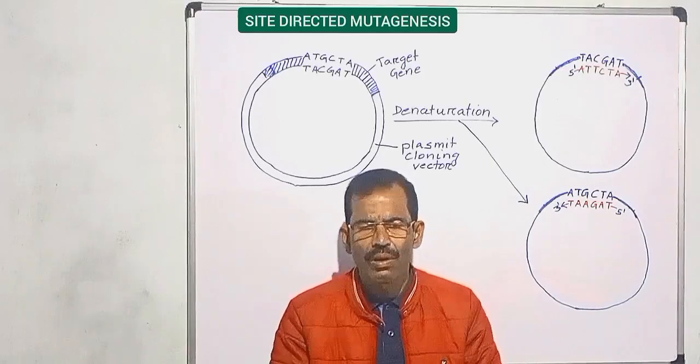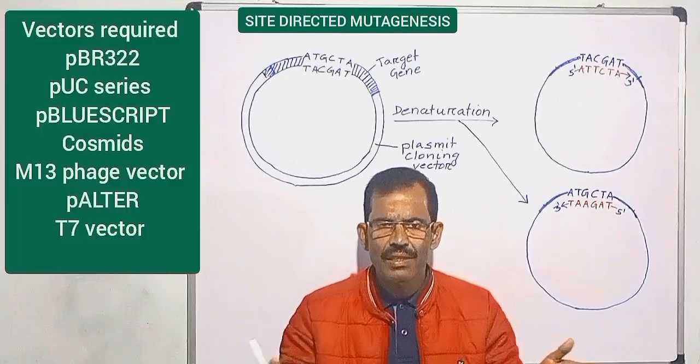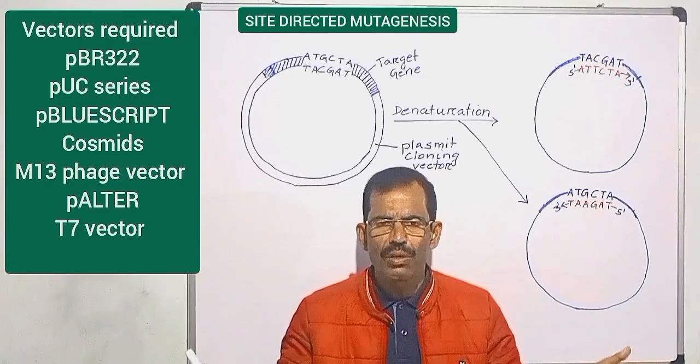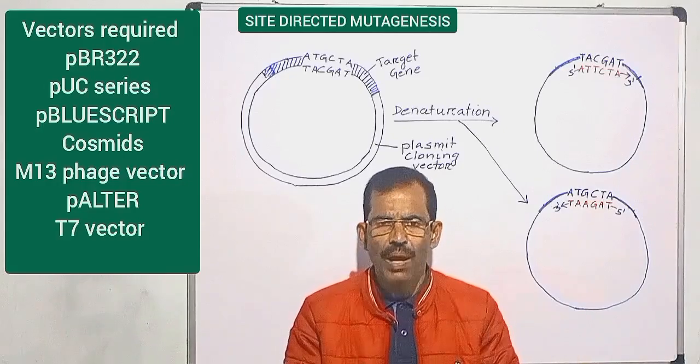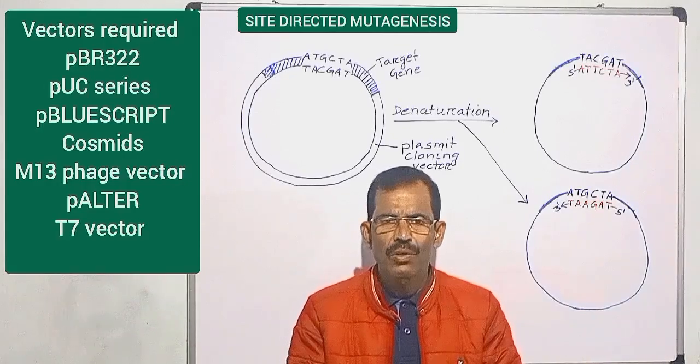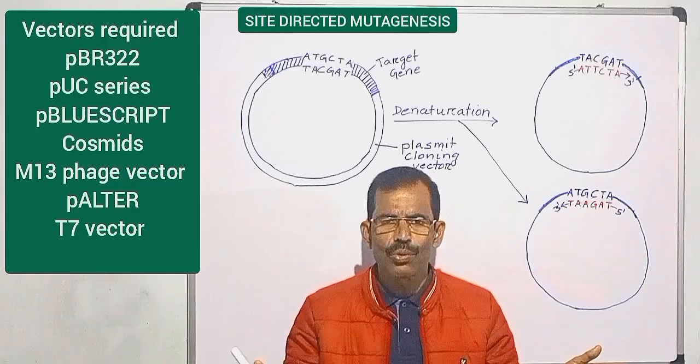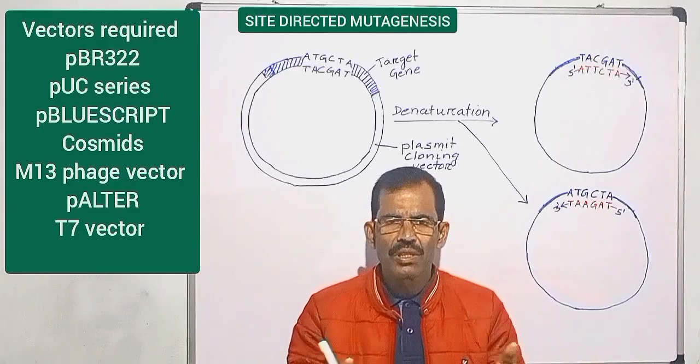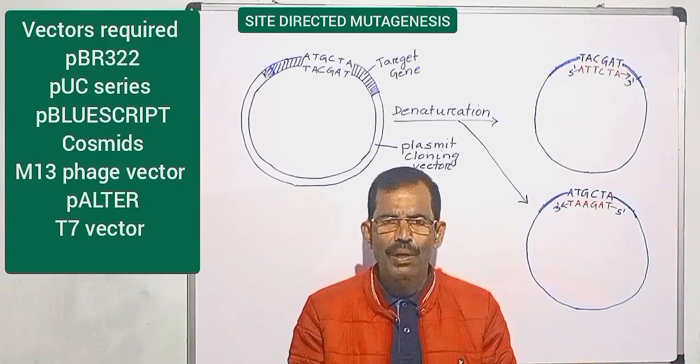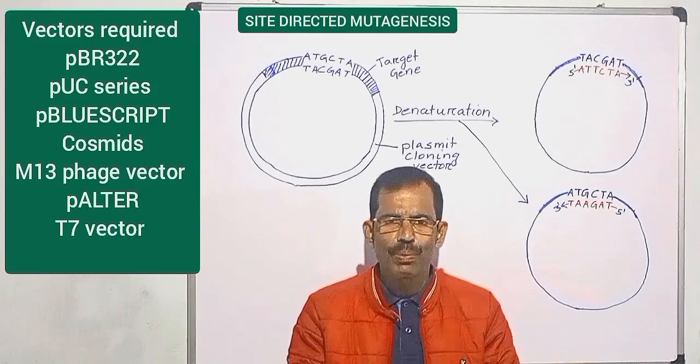First of all, the gene is inserted into a suitable cloning vector such as a plasmid, which includes pBR322, the pUC series of vectors, pBluescript, and cosmids.